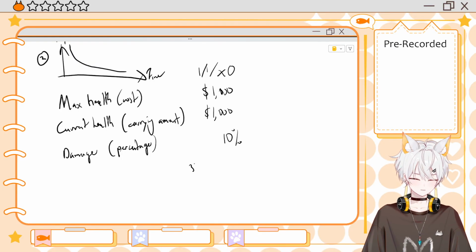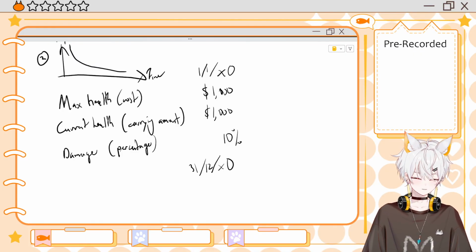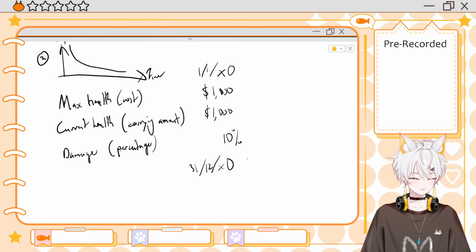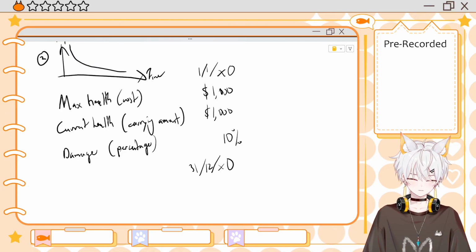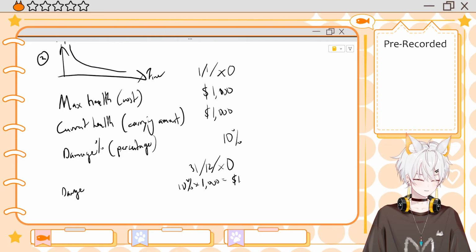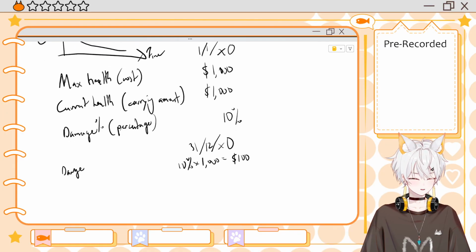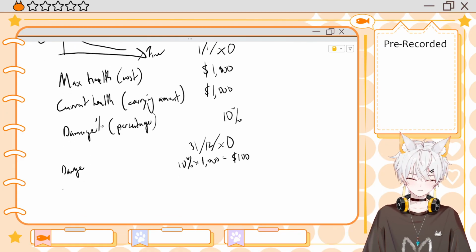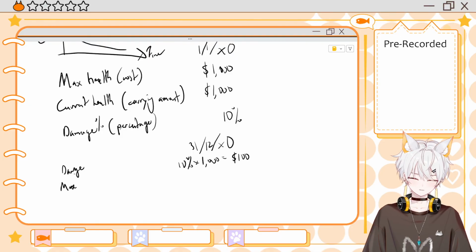So at 31st December X0, meaning 1 year has passed, your actual damage will be 10% times 1000, which is 100. You do 100 damage, and your max health doesn't change.